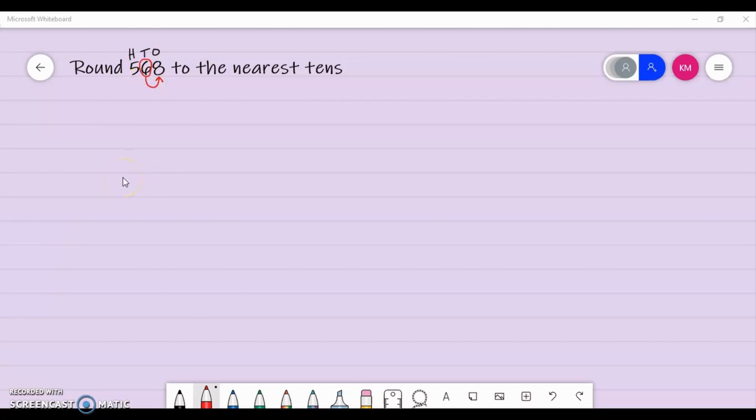So we write back our digits in front of the 6, and seeing that we are rounding up, we simply add 1 to that digit there. So it becomes 7, and we change all the remaining digits after to 0. And there's only one digit there, so that becomes 0. So our answer is 570 after we have rounded 568 to the nearest tens.